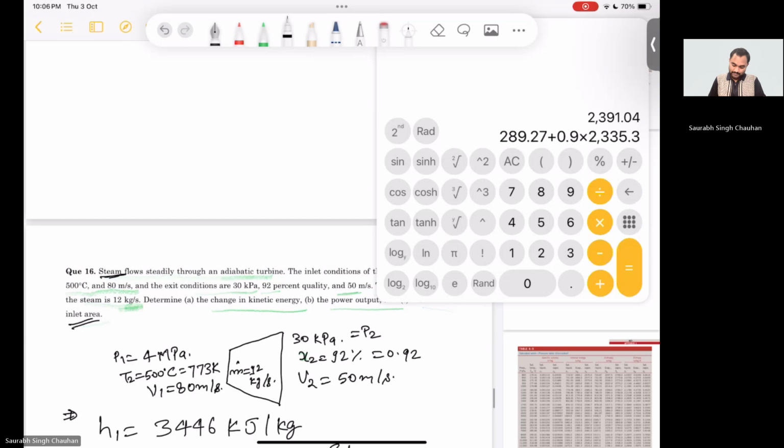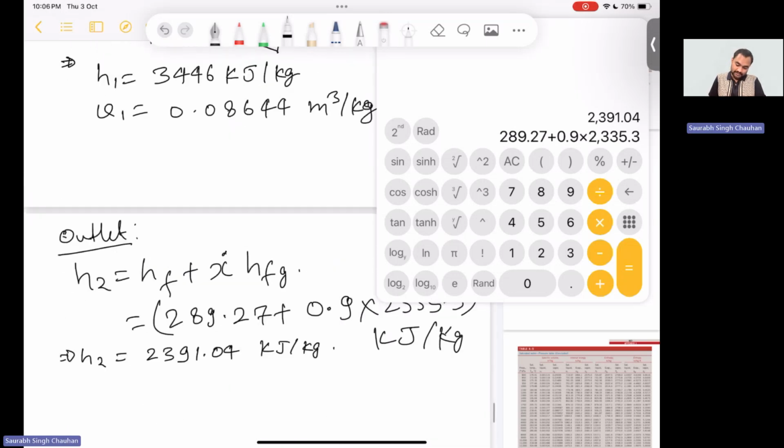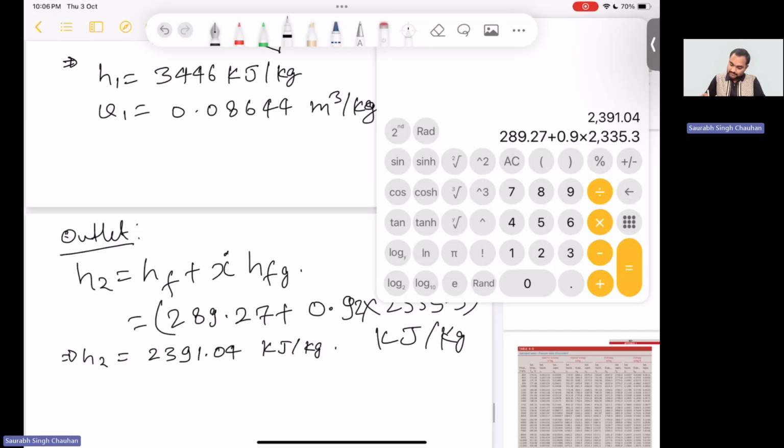Actually, the quality was 0.92, so we should multiply by 0.92.